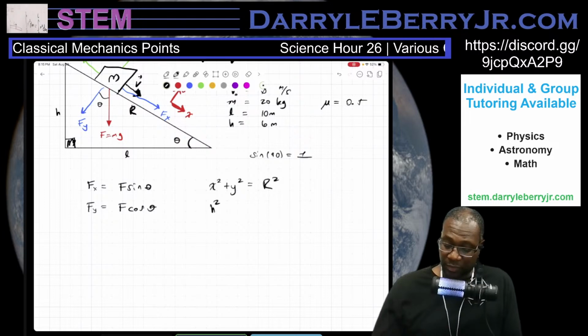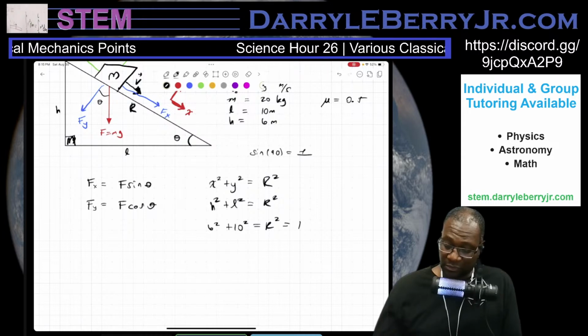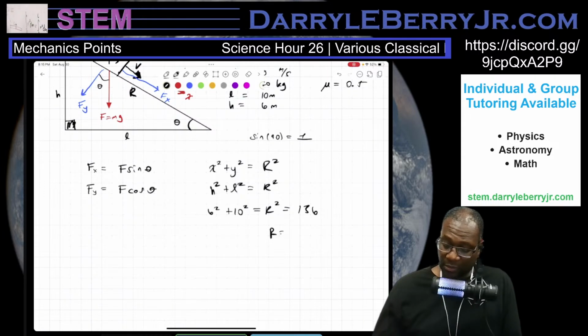So 8 squared plus L squared equals R squared. So that means that 6 squared plus 10 squared equals R squared. So that equals 136. So R equals the square root of 136.